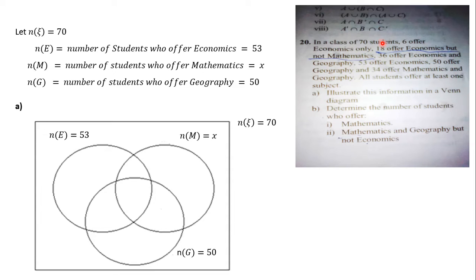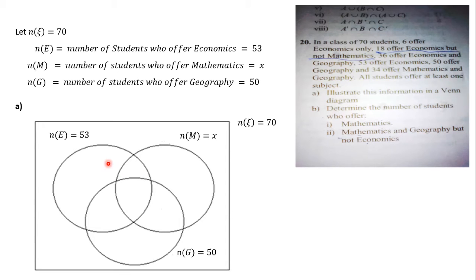So in a class of 70 students, 6 offer economics only. So let's go to the Venn diagram and discover for ourselves the regions. Now before I start filling, let us revise the regions.